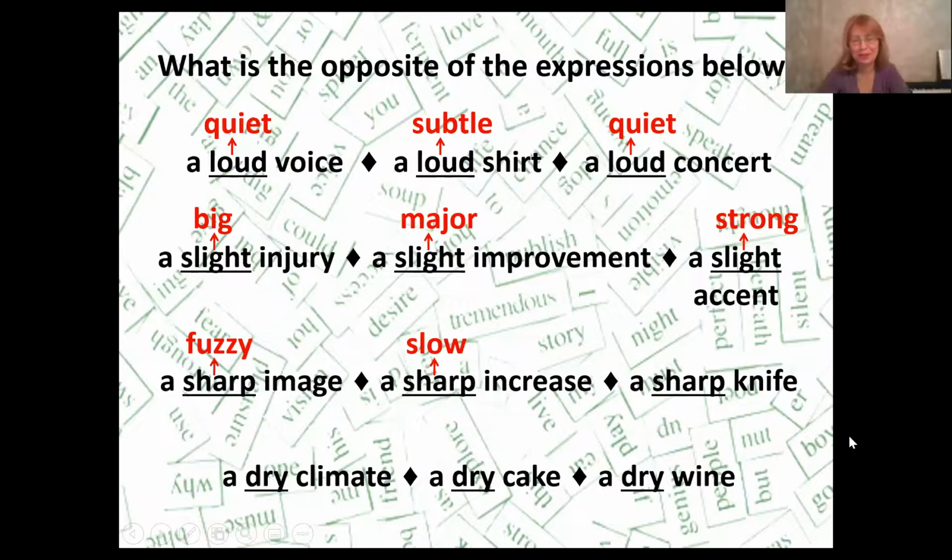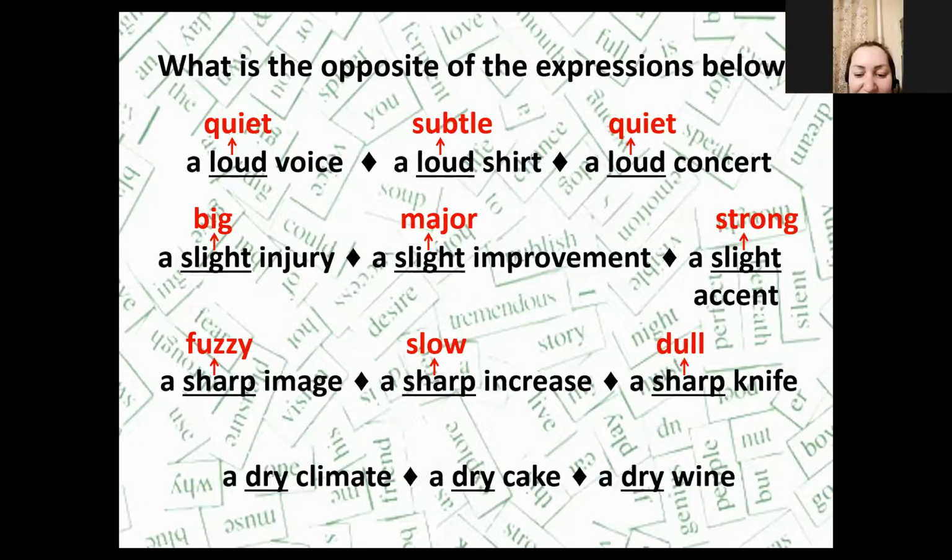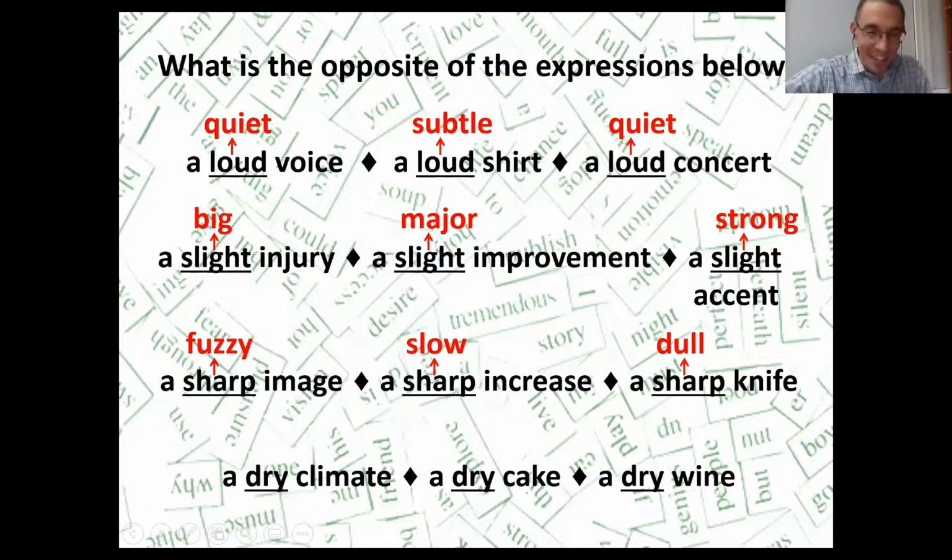I know in Russian. Dull. Dull, there it is. Sorry, this is more for advanced level English, but because you are English teachers, I'm giving you kind of high level examples. So take it as a compliment. It's a compliment to you.